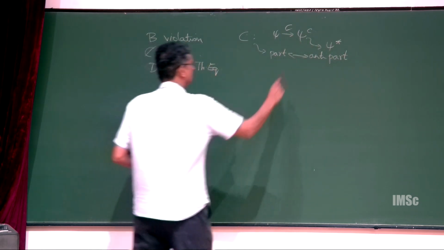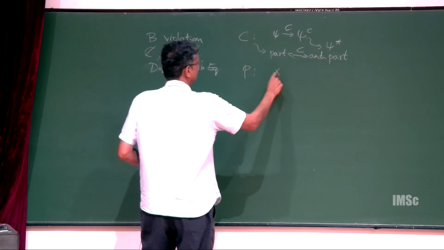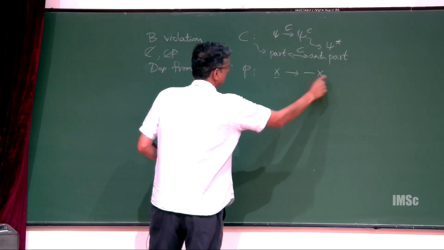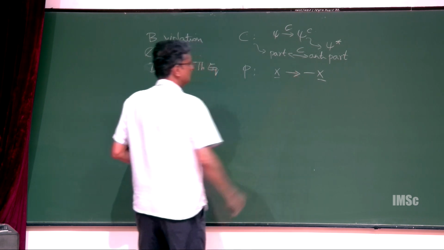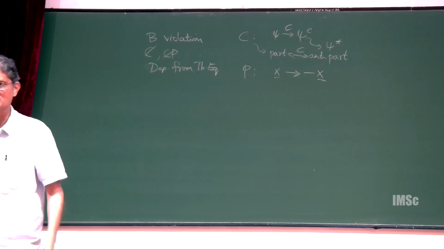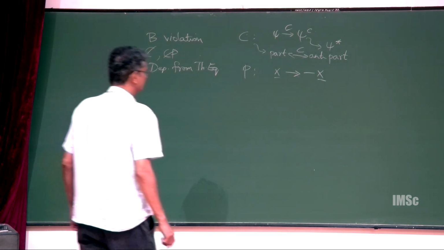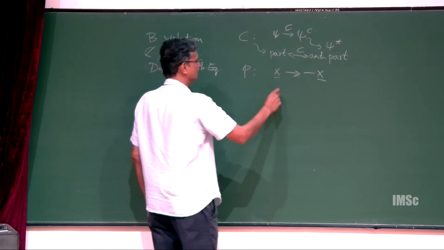Now P is the flipping of the coordinates. It's like looking at it in a mirror. I didn't explicitly say it, but what I was saying is a consequence of that.